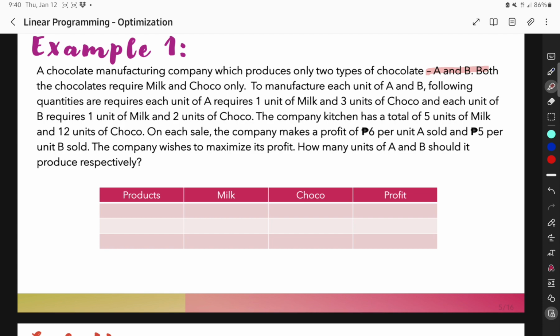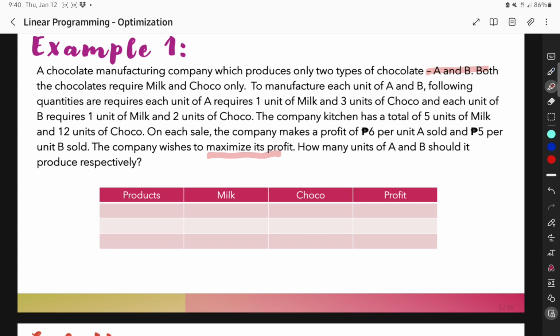The company kitchen has a total of 5 units of milk and 12 units of chocolate. On each sale, the company makes a profit of 6 pesos per unit of A and 5 pesos per unit of B. The company wishes to maximize the profit. How many units of A and B should it produce respectively?